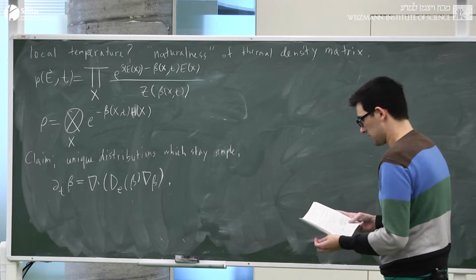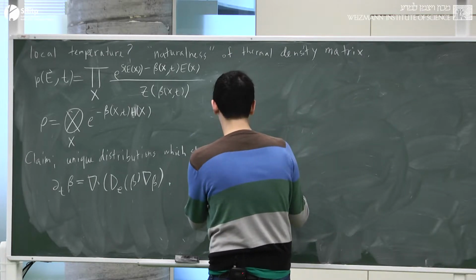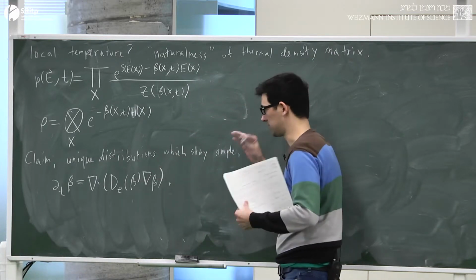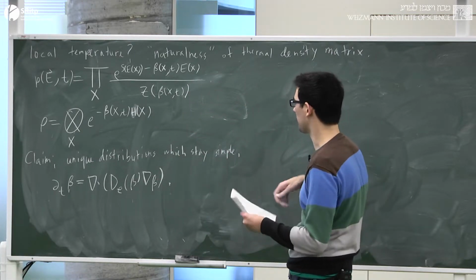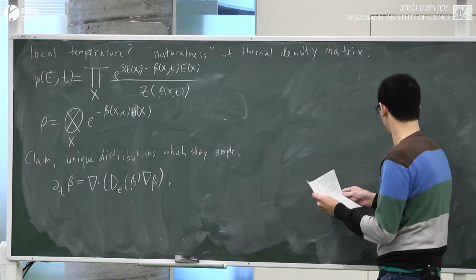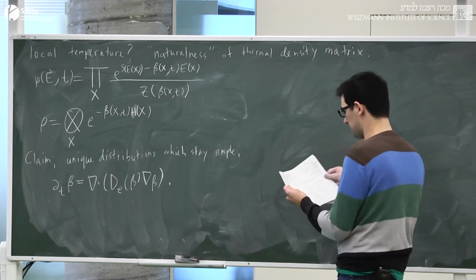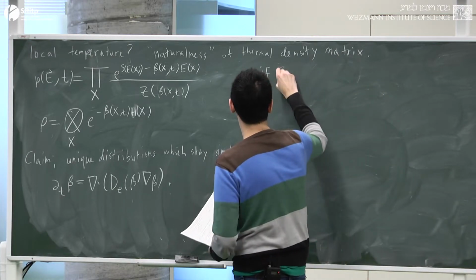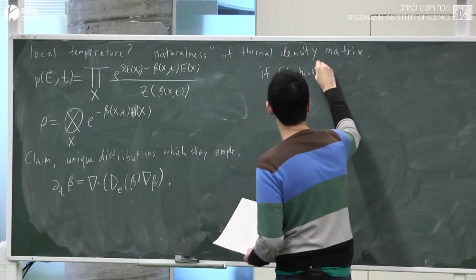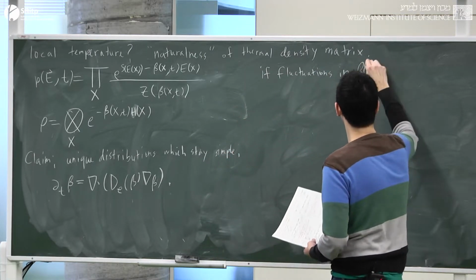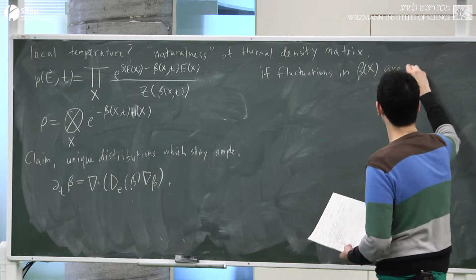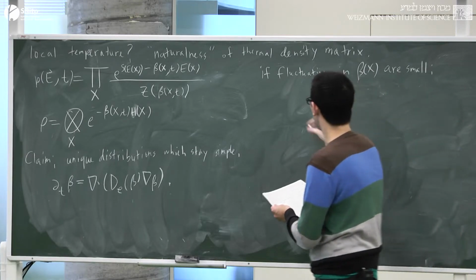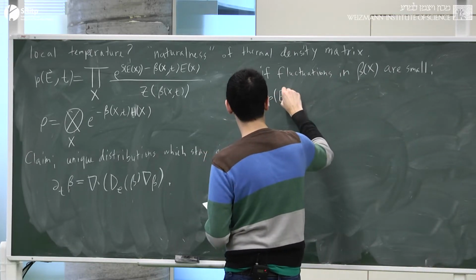Okay. To do this, let me first consider the regime where fluctuations in beta are relatively small, so I'm fairly close to my canonical density matrix. If fluctuations in beta of x are small, then you can think about the following happening.